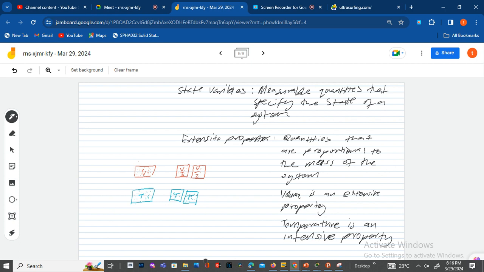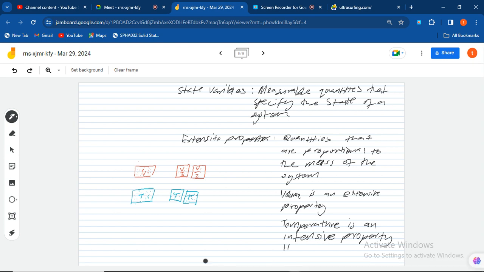Let's talk of another property, which is heat. When we talk about heat, we are talking about a different property. If we break them into two, Q here and Q here is also going to be divided by 2.